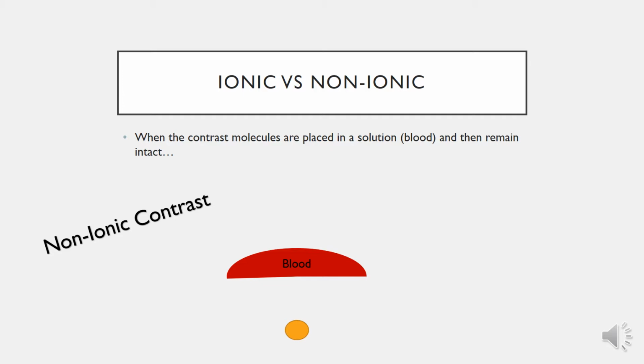When the contrast molecules are placed in the solution, blood, they're going to remain intact. So here goes our non-ionic contrast molecule. It's interacting with blood, and then it's remaining intact. No ionization occurs.